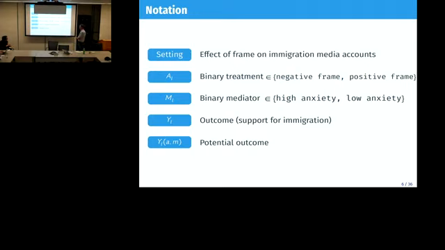To some extent, with some of these empirical settings, we may feel more or less comfortable making assumptions about whether you could ever directly set these kinds of mediating variables. But in general, we're going to work with this framework, at least to have something to talk about.